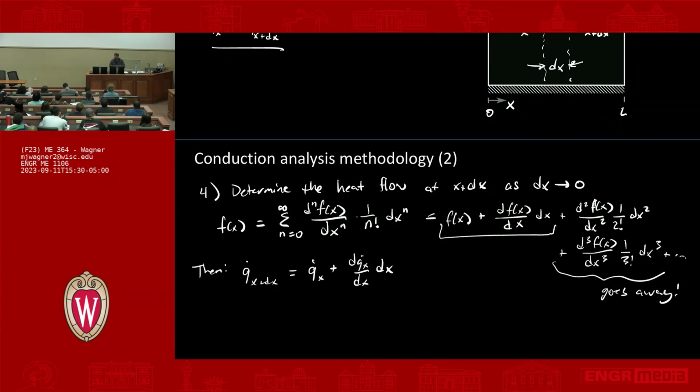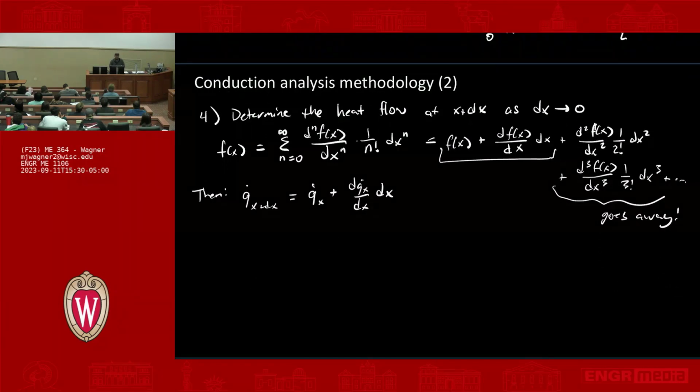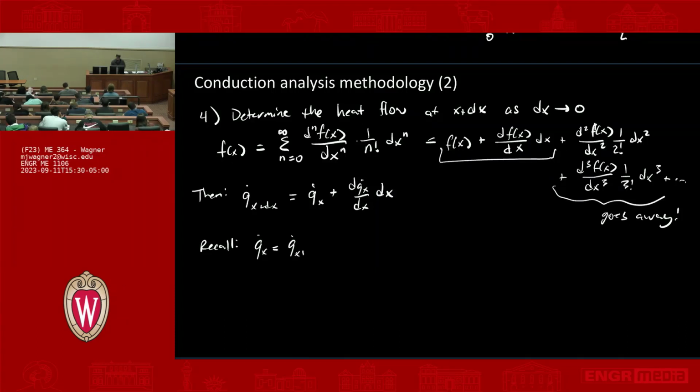So let's now take this model and plug it back into the energy balance. Recall, from our energy balance, we said q dot at x equals q dot at x plus dx. This came out of our specific problem that we're looking at. This is not always true, but for our specific problem it is. So now let's plug this stuff into this term.